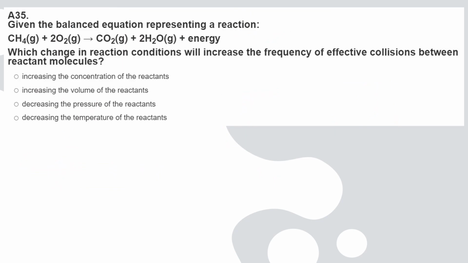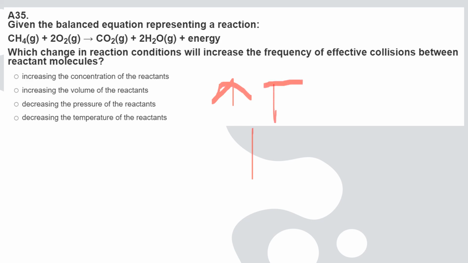All right, given this equation, what change in reaction conditions will increase the frequency of effective collisions between reactant molecules? So how do I increase the number of collisions? You remember, what are those ways? I could increase temperature. Is that an option?